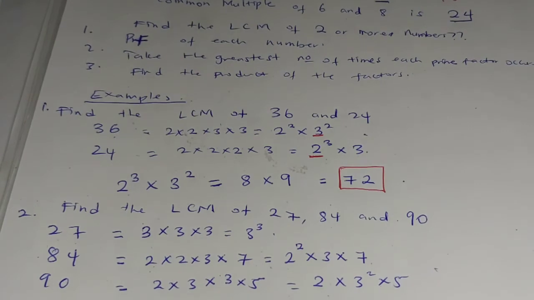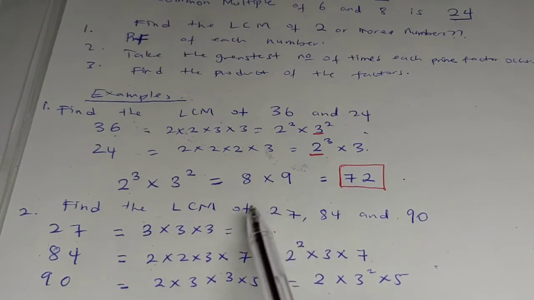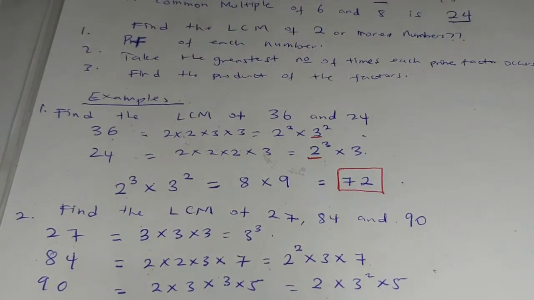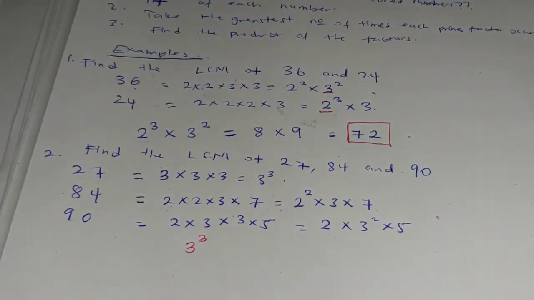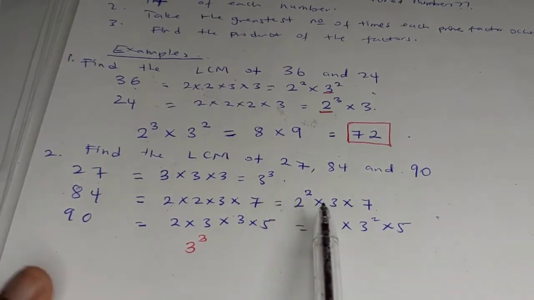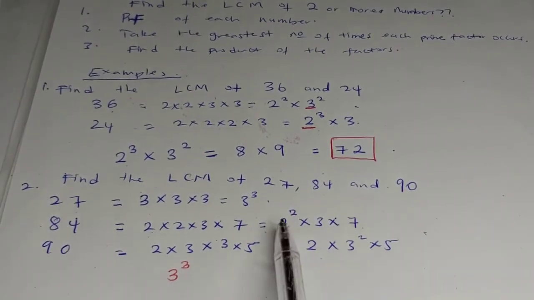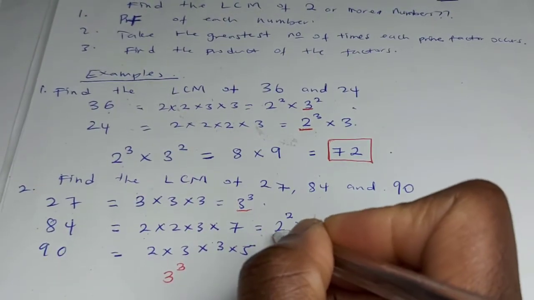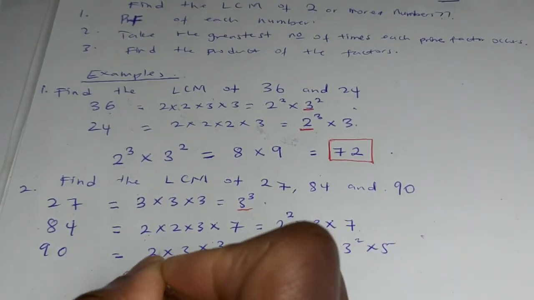For 3, we have 3 cube, 3, and 3 square, so we take 3 cube. For 2, we have 2 square, so we take 2 square.